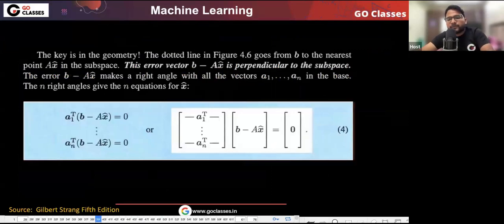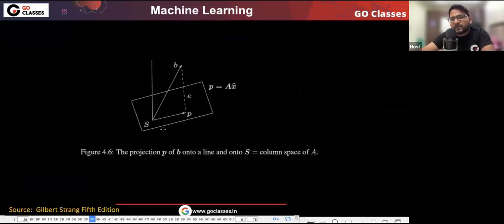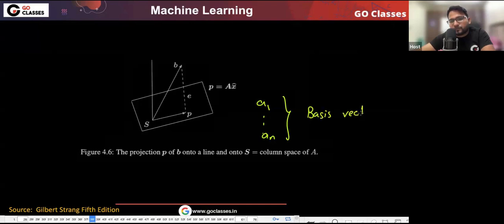Let's suppose the basis vectors here, I have taken U and V earlier, but let's suppose these are a1 to an. They need not be basis vectors to be honest, but every vector here will be perpendicular to b minus A x cap, right?